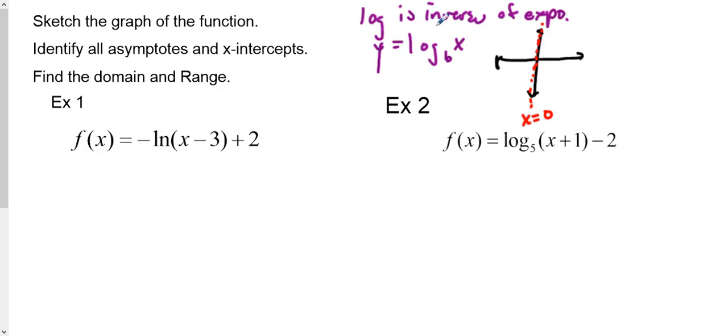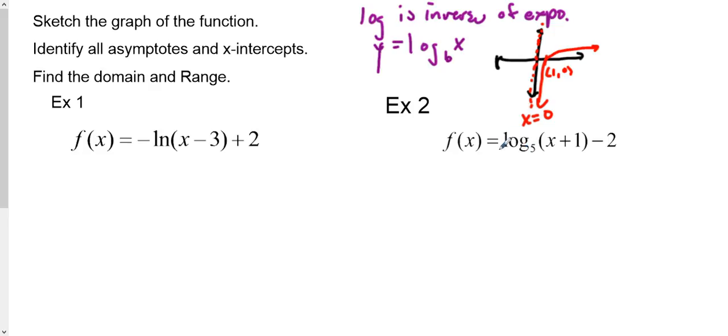Well, a log, since it's the inverse, will have an x-intercept right here of 1, 0. All right, 1, 0 for a basic one, because log base b of 1 equals 0, and that's the reason why we have that. And also, exponentials grow really fast, while logarithms are the antithesis of this because they grow really slow, like so.